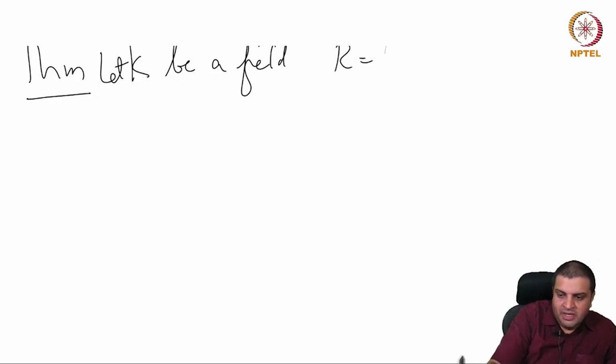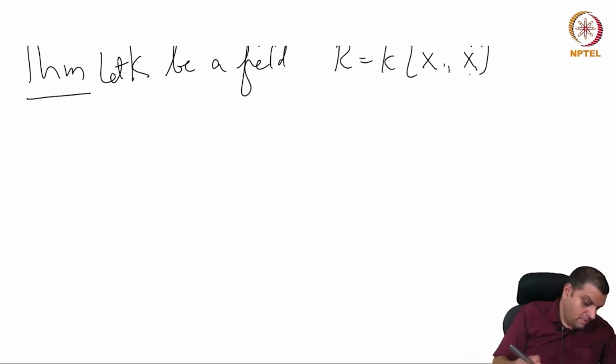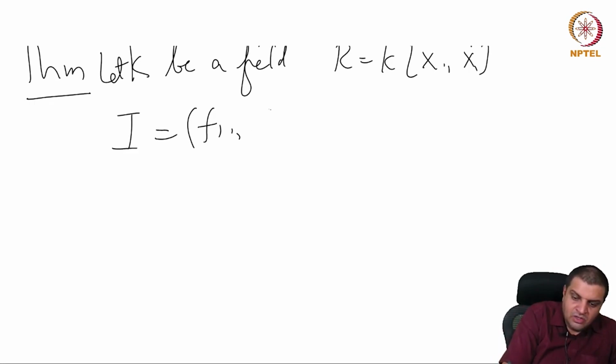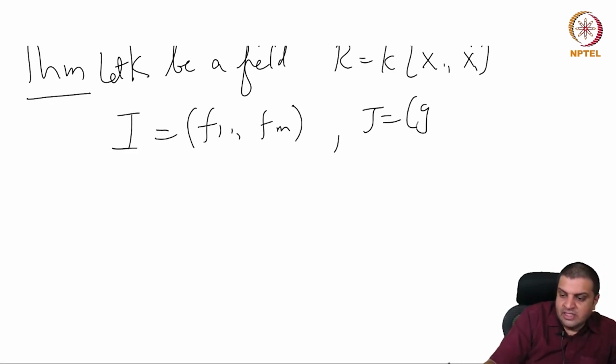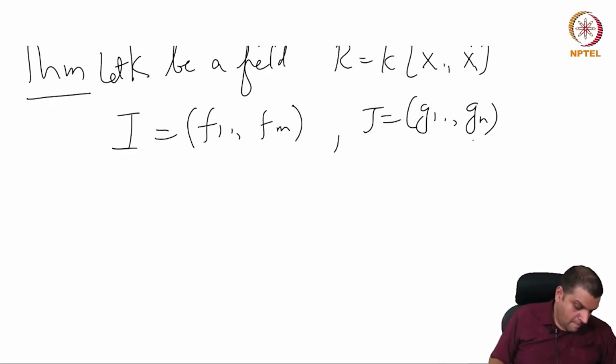R is a polynomial ring in n variables. I is an ideal generated by F1 through Fm, and J is an ideal generated by G1 through Gn. Both are ideals.